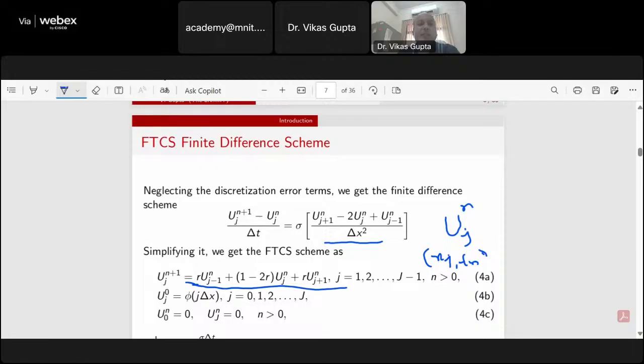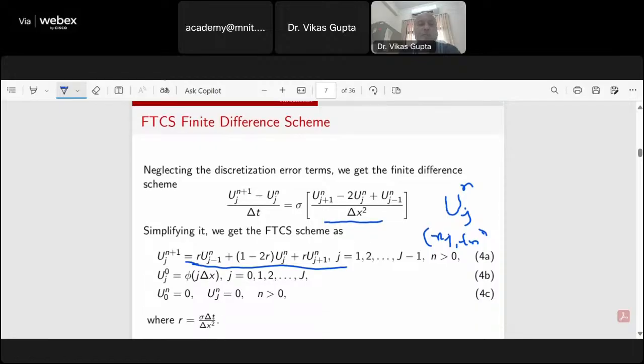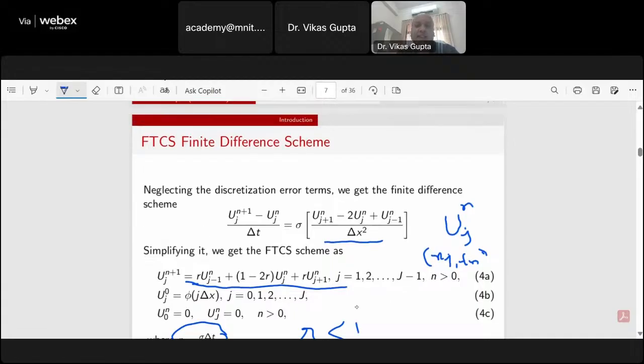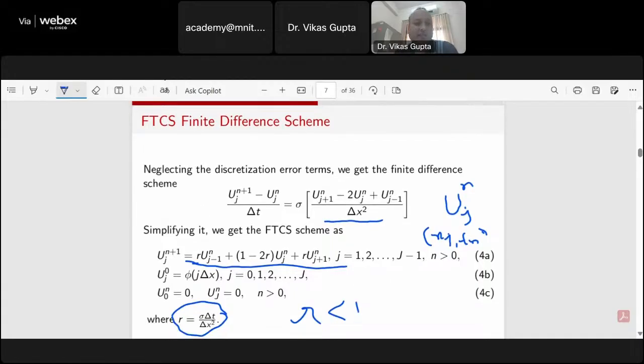Because here the stability of this FTCS scheme depends on the parameter r equal to sigma delta t over delta x square. r should be less than 1, and this condition implies a severe restriction on the time stepping.